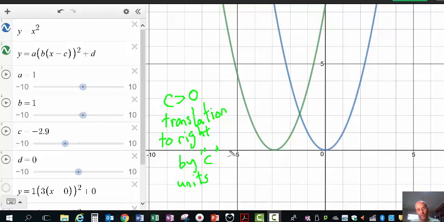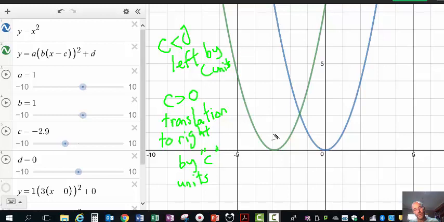Okay, so it's a number of units. All the points move to the right if it's positive, and like this green parabola here, if c is negative, it translates to the left by c units. So that's every point, including the turning point.